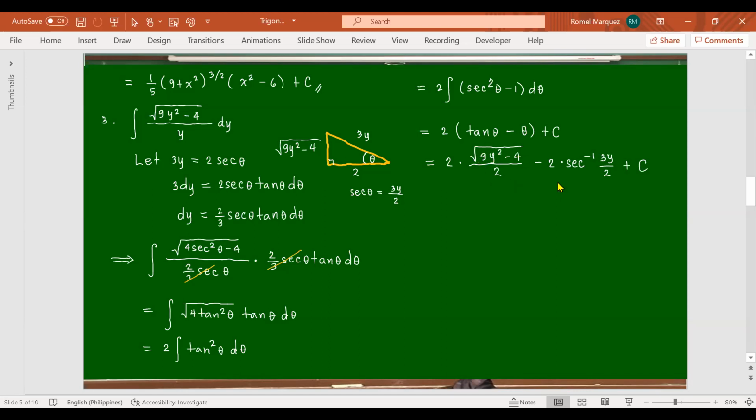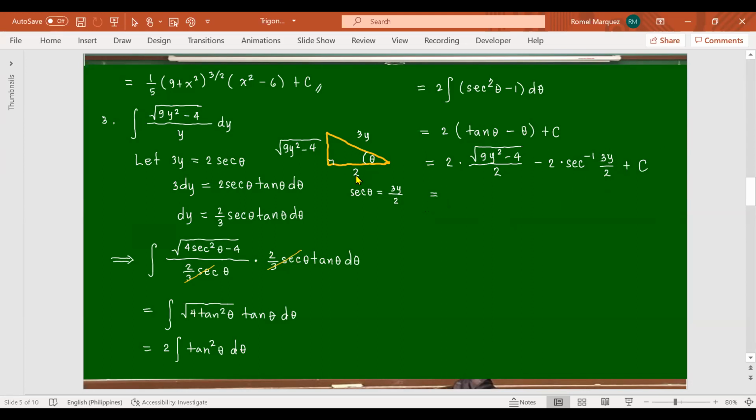Sometimes, if you look at the book, you will not find this; what you will find is the one similar to this expression. If you use tangent theta here, it is possible that this is inverse tangent, but you will have the square root of 9y squared minus 4, over 2, inside here.